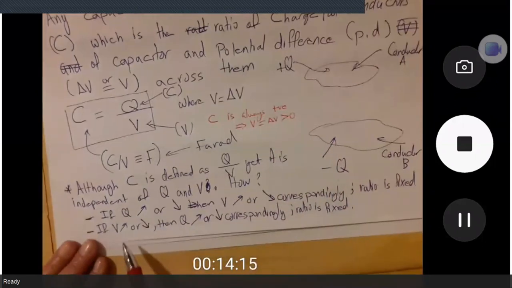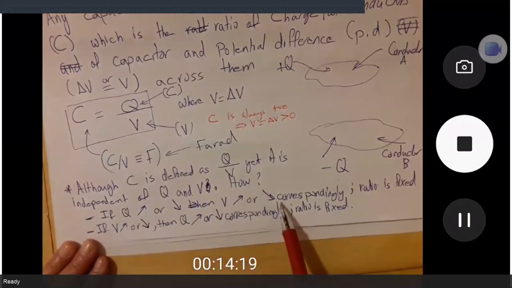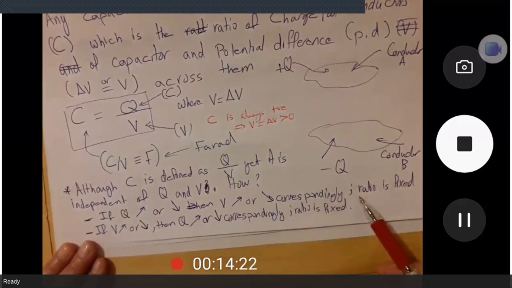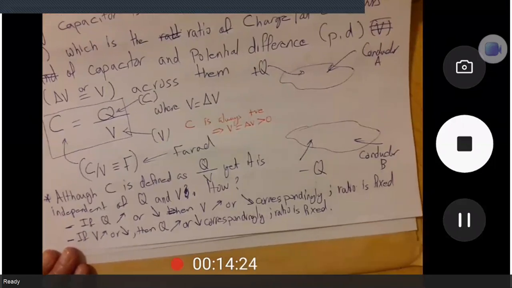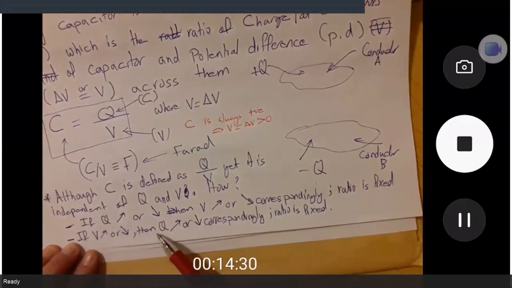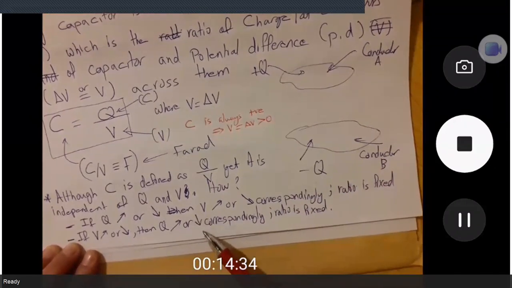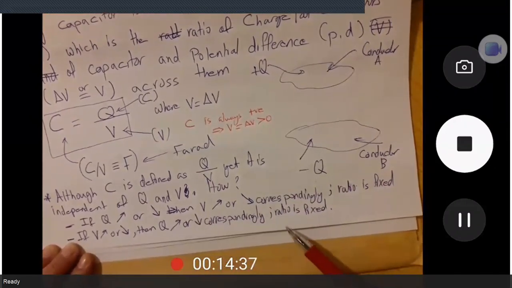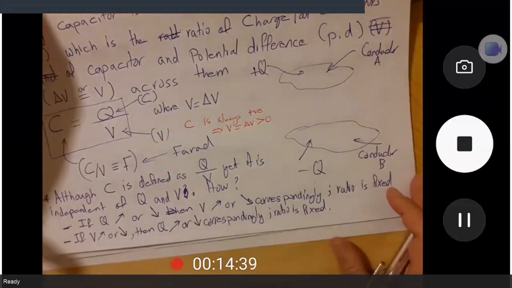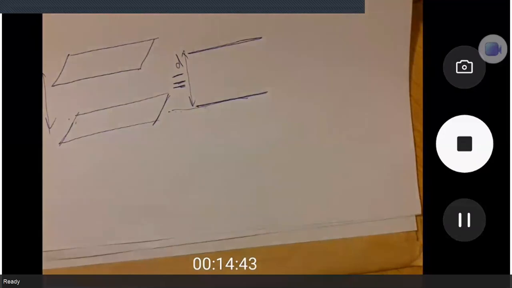So if Q increases or decreases, then V increases or decreases correspondingly, such that the ratio is fixed. Or conversely, if V increases or decreases, then the Q established on the conductors will increase or decrease correspondingly, such that the ratio is fixed. This is what we have to know about the capacitance of the capacitor.